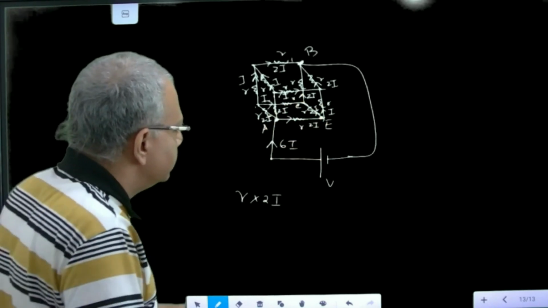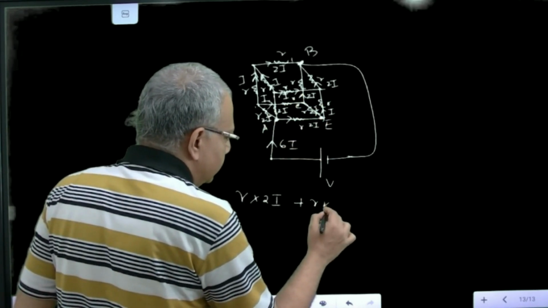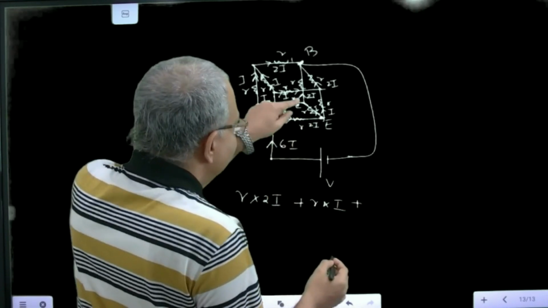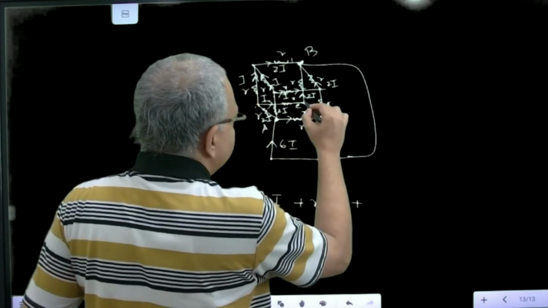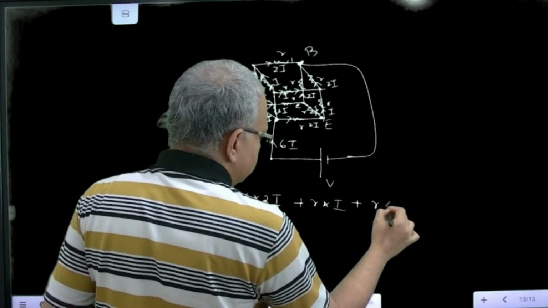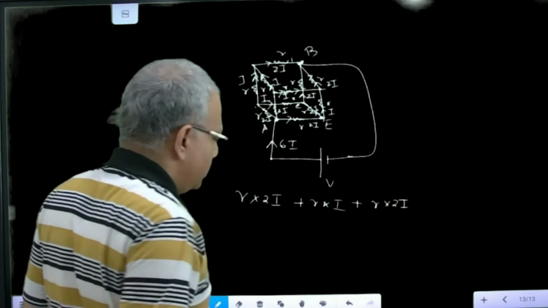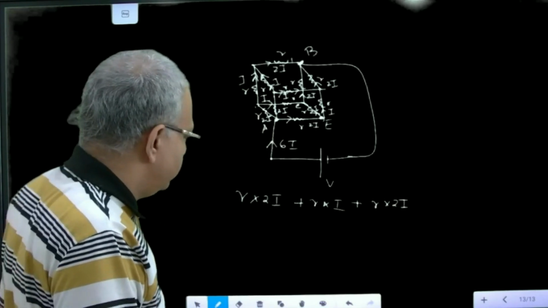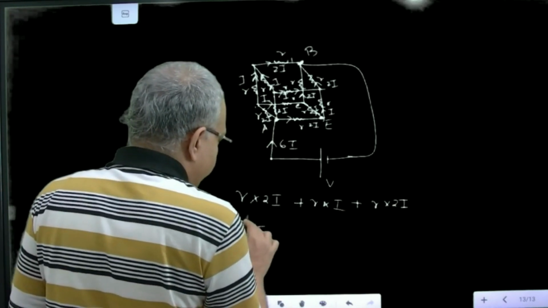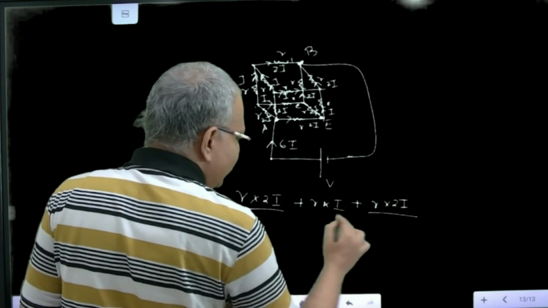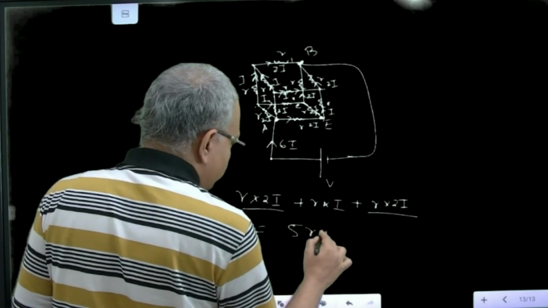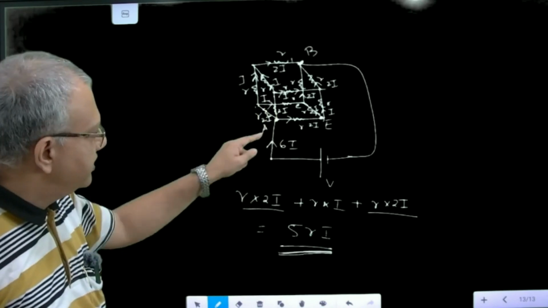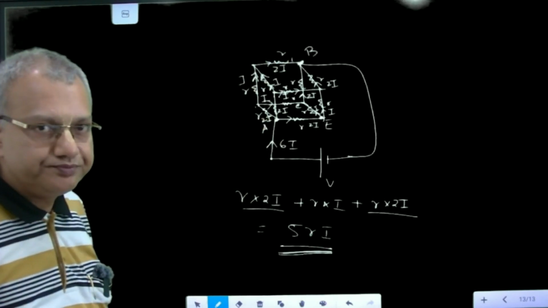E to C, R into I, because this is a voltage drop, plus R into 2I across CB, R. So what is the total voltage? 2IR, R, 5R into I, total voltage drop across A to B, total voltage.